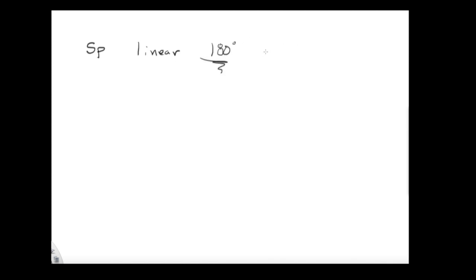All right, and these can either have no electron pairs with two bonding groups or two bonding atoms, or there can be electron pairs. All right, and I'll give you two examples.